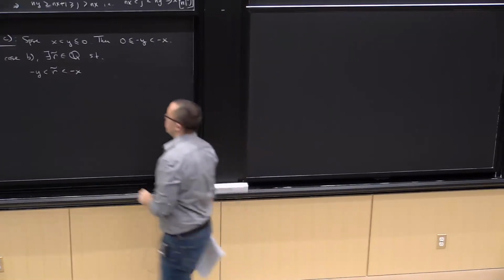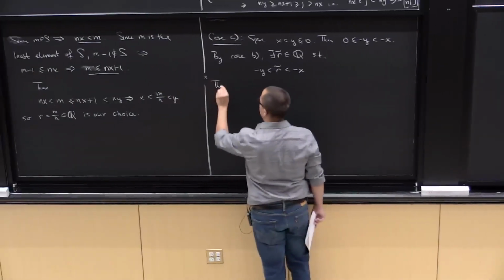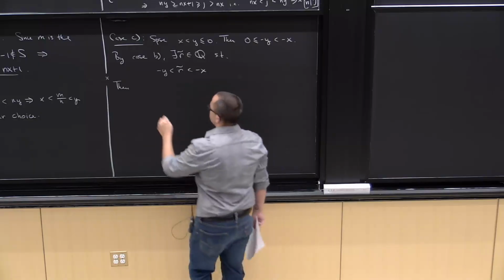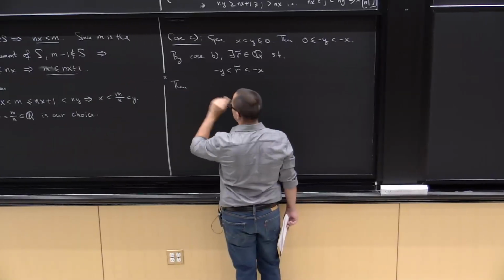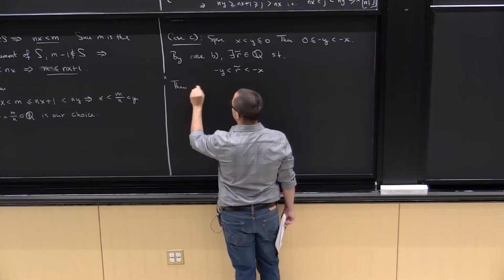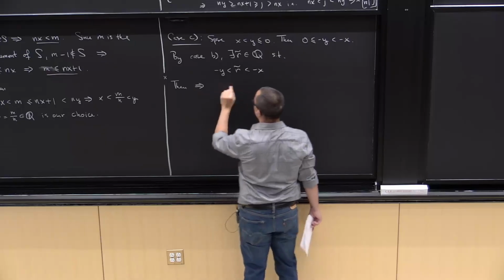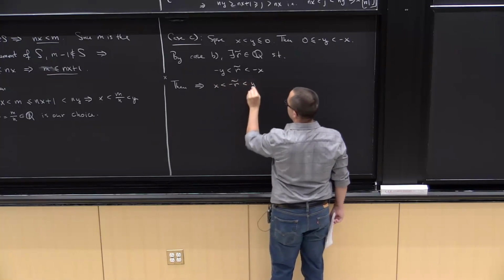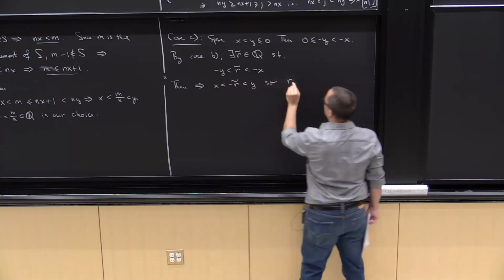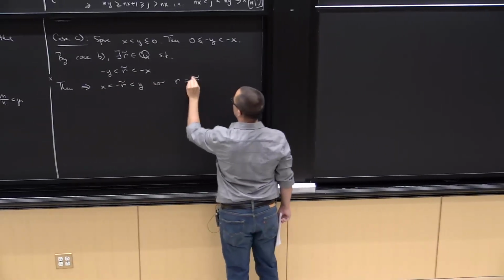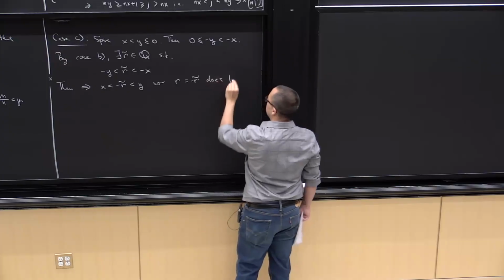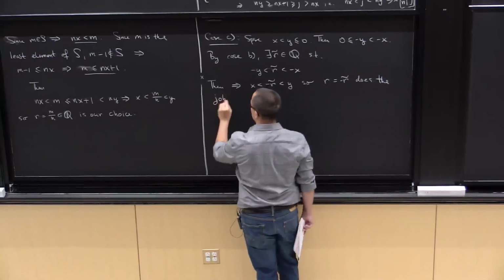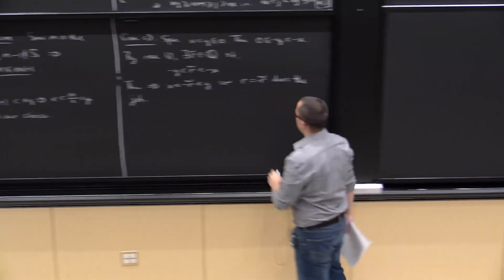Okay? Then this implies that x is less than minus r tilde is less than y, so r equal to minus r tilde does the job. So that proves the theorem.